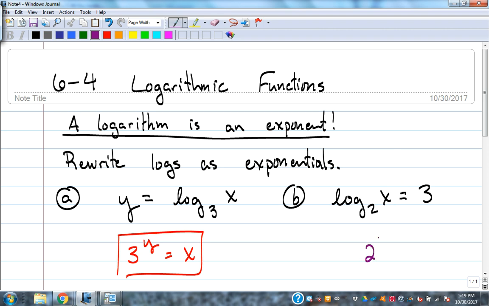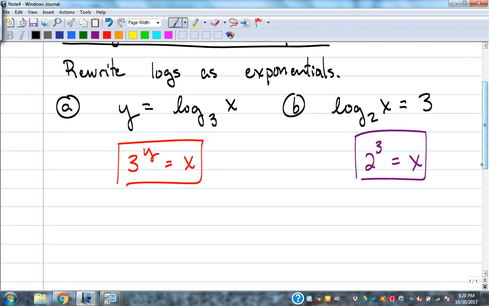What's it equal to? 3. What's inside the log? X. And that would merit an equation that we could solve, right? 2 to the third power. We know that's 8. X would be 8.